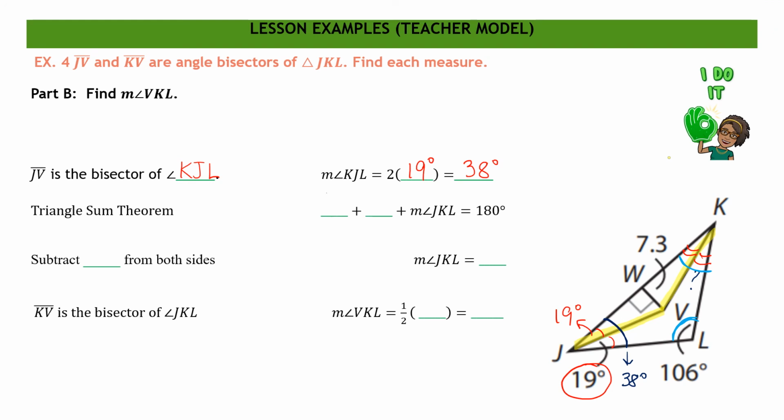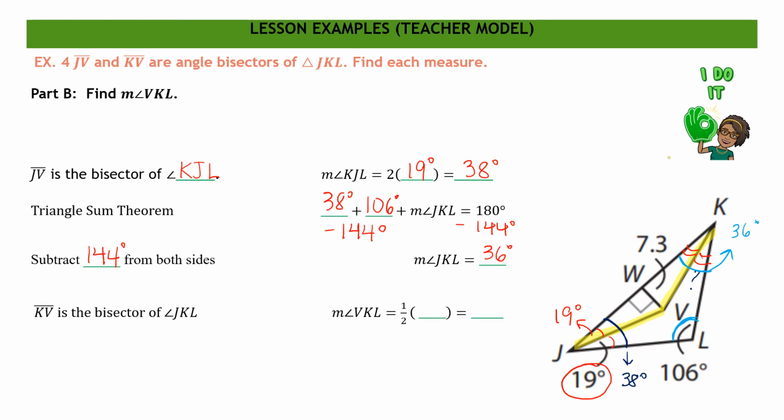So I'm going to add 38 degrees plus 106 degrees, add it with the last angle JKL, and equal that to 180. Well, 38 and 106 gives me 144 degrees. And to find the missing angle, I'm going to subtract 144 degrees from both sides. And that leaves me with JKL as 36 degrees. So the full measure of this angle is 36 degrees.